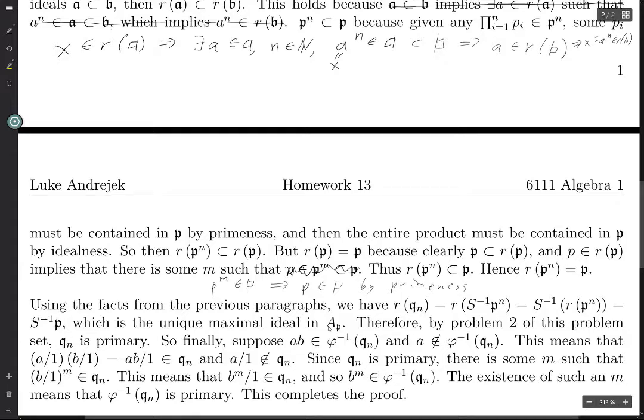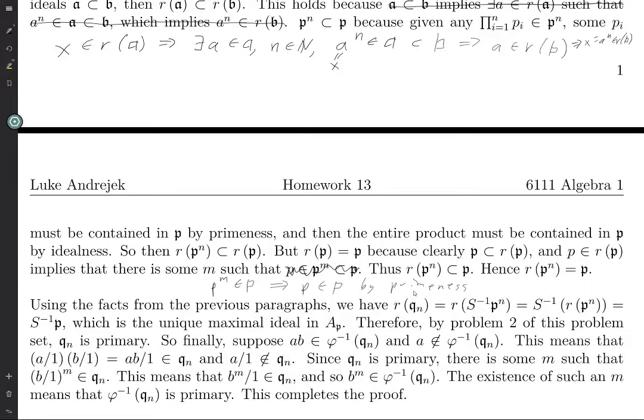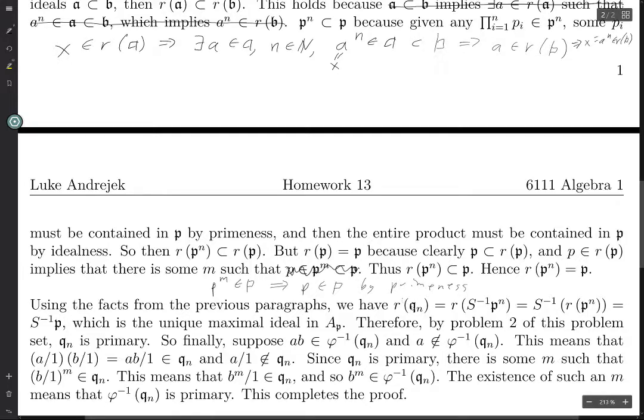Then we use problem 2 of this problem set, which says that if the radical of an ideal is maximal, then the ideal is primary. Qn is our ideal. Since the radical of Qn is maximal, Qn is primary.